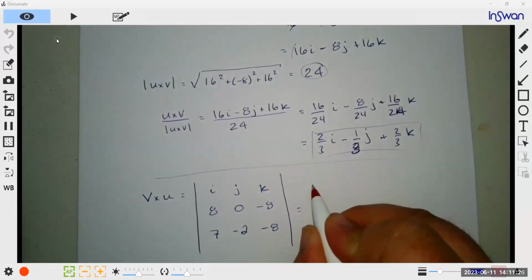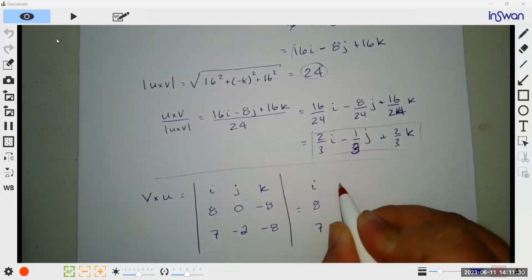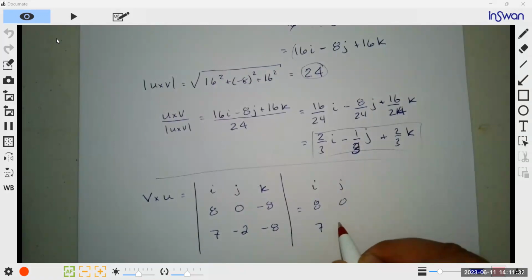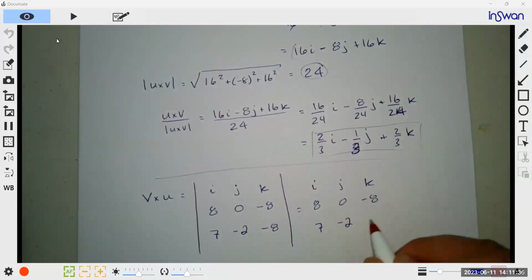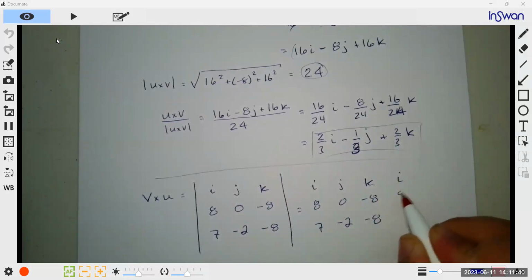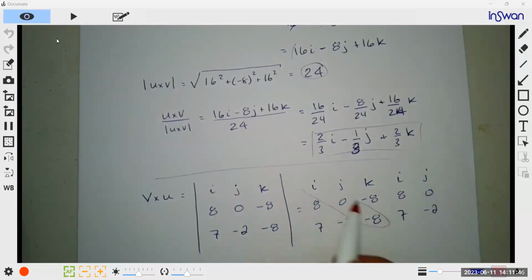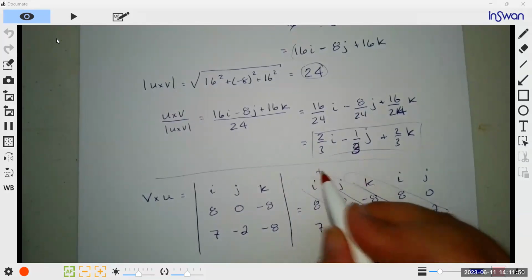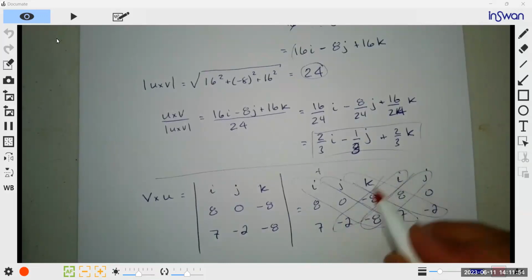I do the same thing. 8, 7, 0, negative 2. And then repeat the i and j columns. Find the products of these, add them together. These are all subtracted.